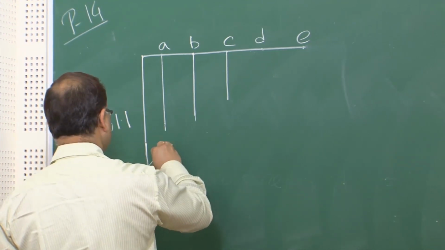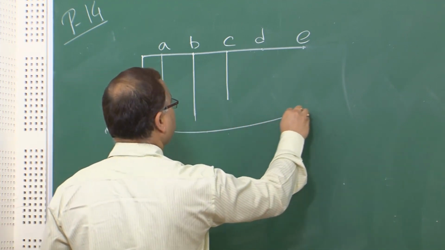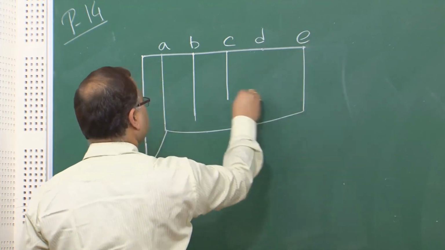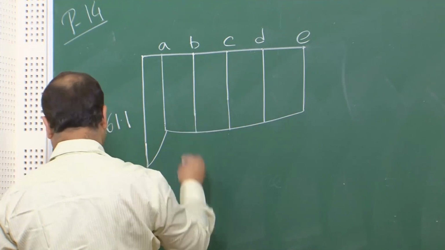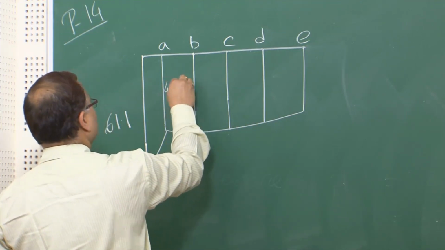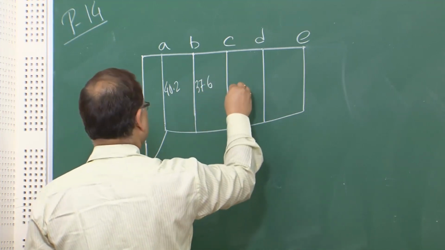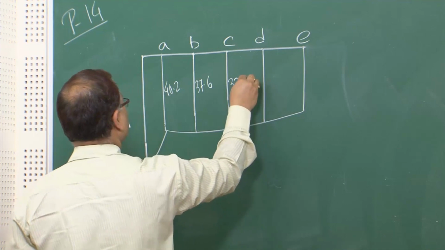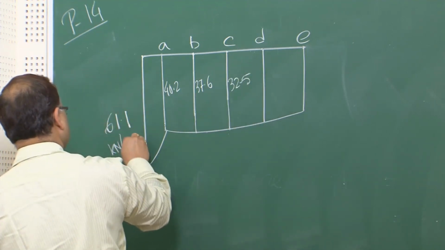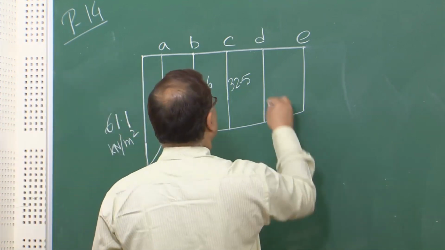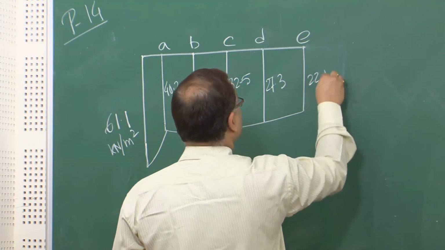So, basically you will be getting a curve like this. So, this is 40.2, 37.6, 32.5, all in kilonewton per meter square, 27.3 and 22.1.